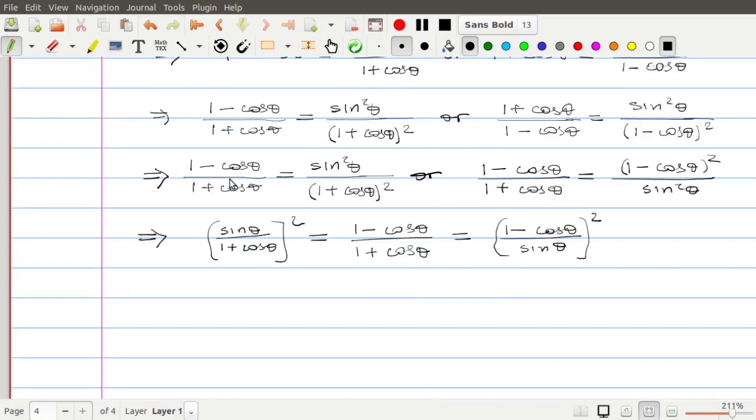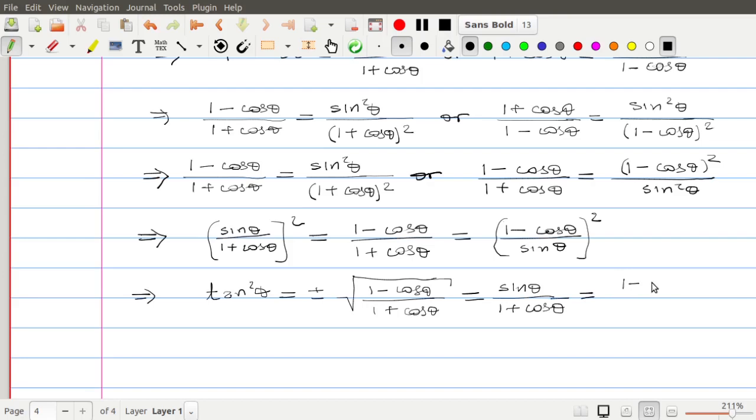So we can write that in one go. So finally we obtain that tan theta by 2, which is plus or minus the square root of 1 minus cosine theta by 1 plus cosine theta, is equal to sine theta by 1 plus cosine theta, which is equal to 1 minus cosine theta by sine theta.